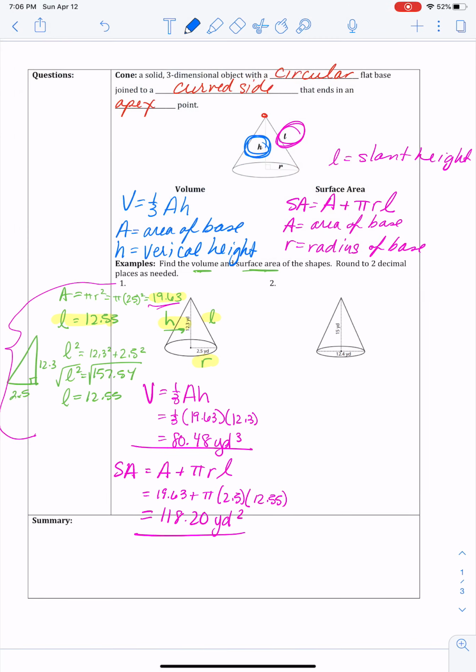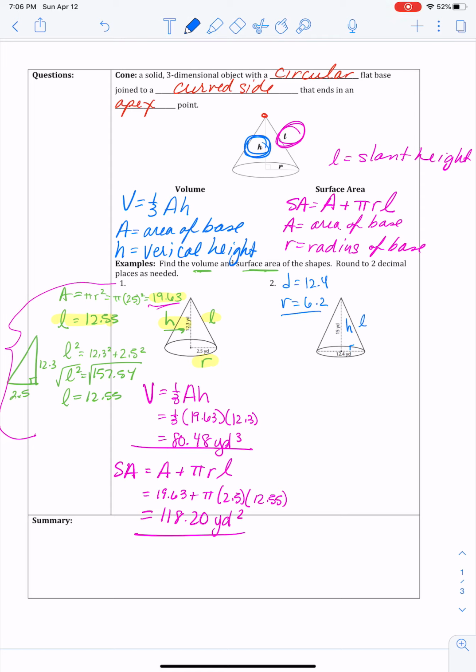We're going to have to go through the same process for this next example. So this is my H. Here's where R and L is. I'm given the diameter. The diameter is 12.4. That means my radius is 6.2.